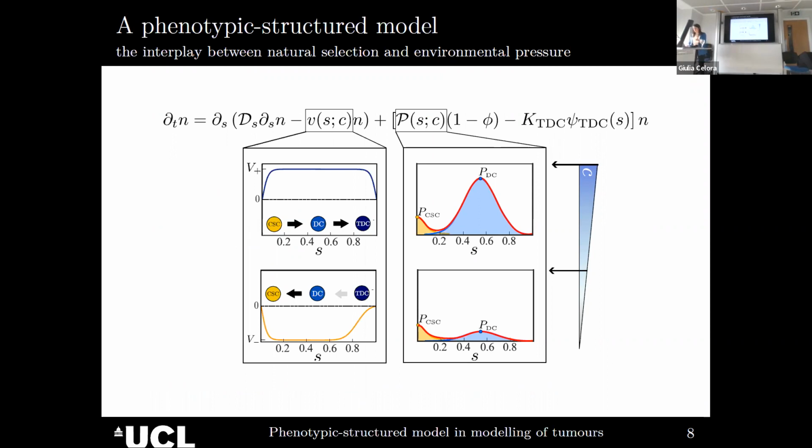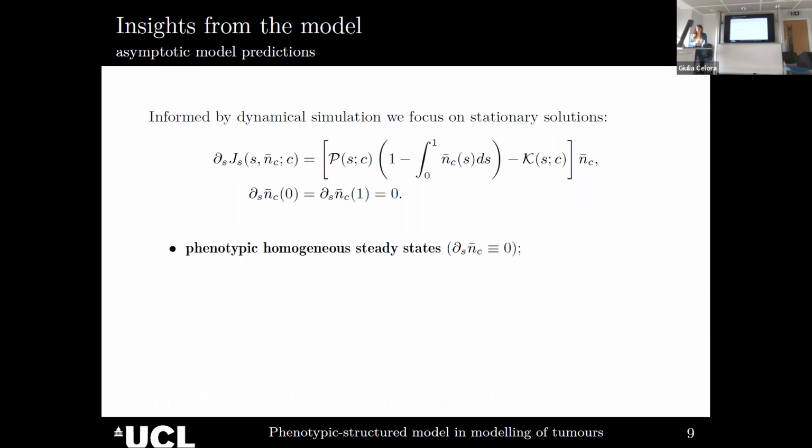in different environments. And so for the purpose of this talk, I will focus on stationary solutions, because we're interested in the long term, so how, independently of our initial condition, where the tumor is going to go and what its composition is going to be. Informed also by numerical simulation of the dynamics, we observe that the system always goes towards a stationary solution.